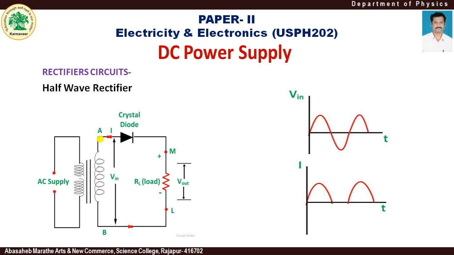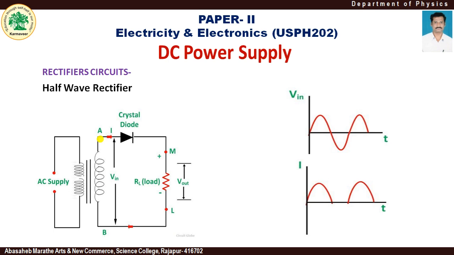In India, the AC mains signal changes sinusoidally with a frequency of 50 Hertz. We use 240 volt AC supply every day, and it has a frequency of 50 Hertz.